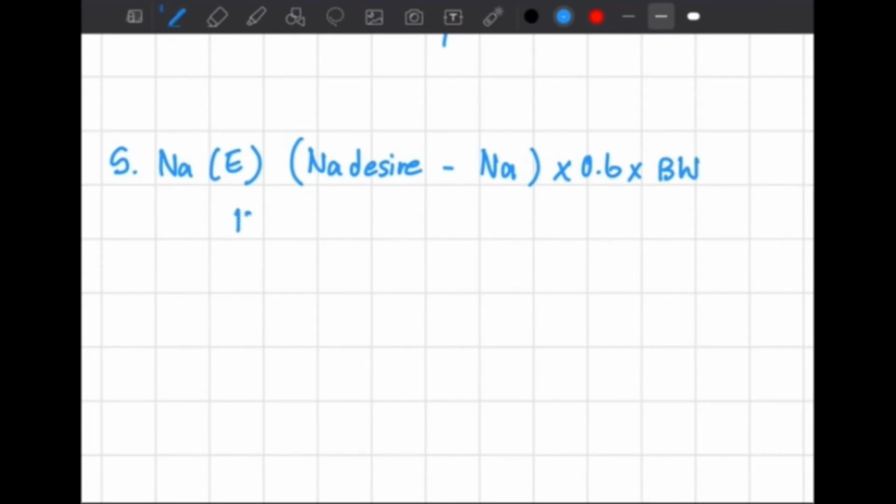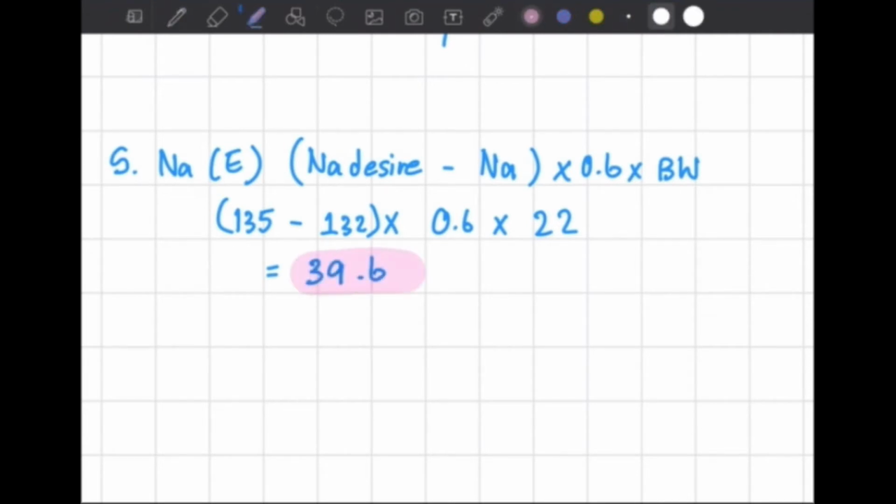Sodium desired is 135 minus his serum sodium 132, multiplied by 0.6, multiplied by 22. The answer would be 39.6. So there we have it, all of our values needed.